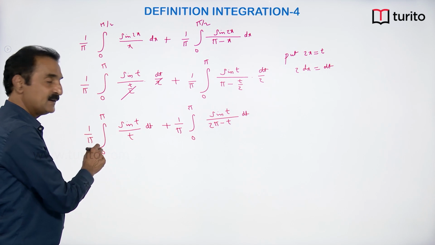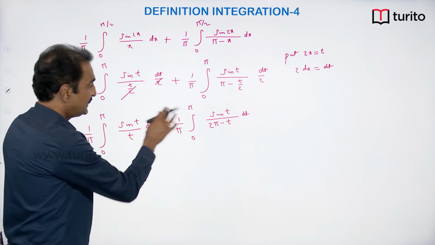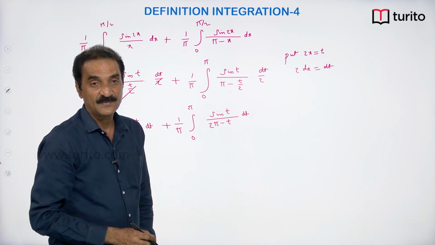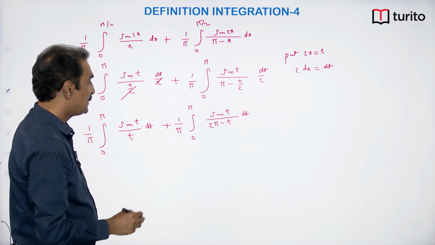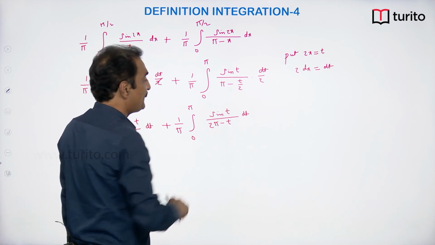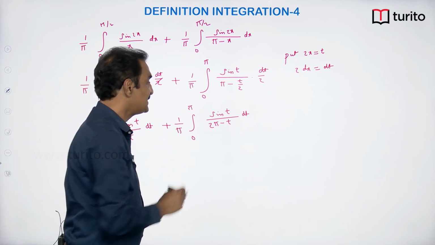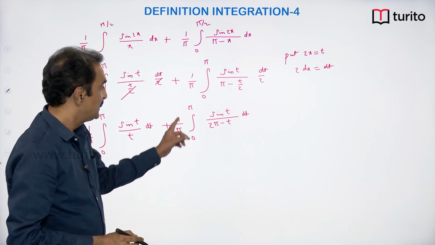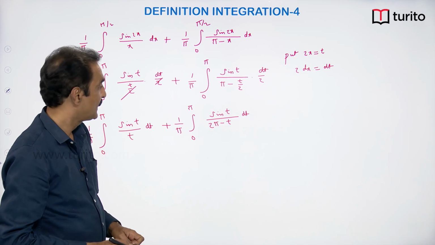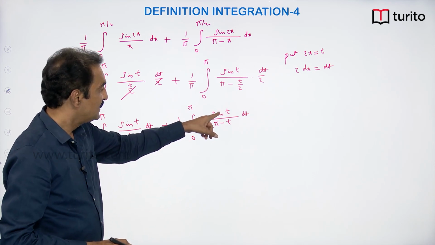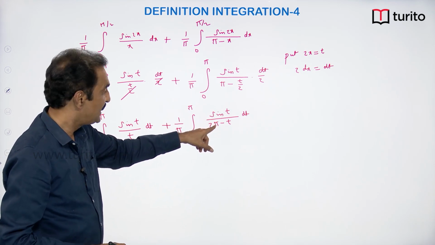This is f of t, or you can write f of x. Now the problem is the other one. How to convert this into f of x form? If you replace t by pi minus t, you are getting sin t by pi plus t.